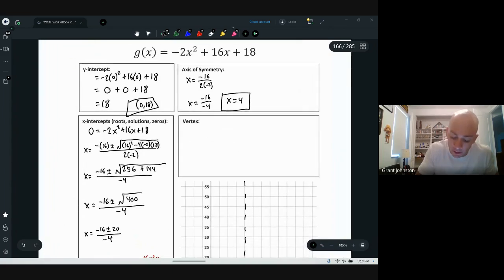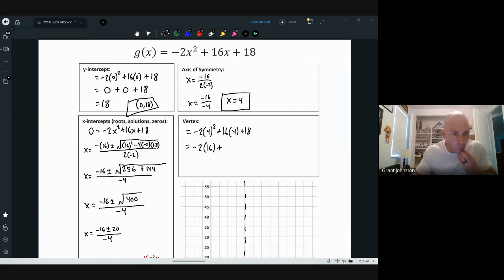So I'm going to go negative 2 times 4 squared plus 16 times 4 plus 18. 4 squared is 16, so negative 2 times 16. 16 times 4, what's that, 64, I think? Negative 2 times 16 is negative 32.